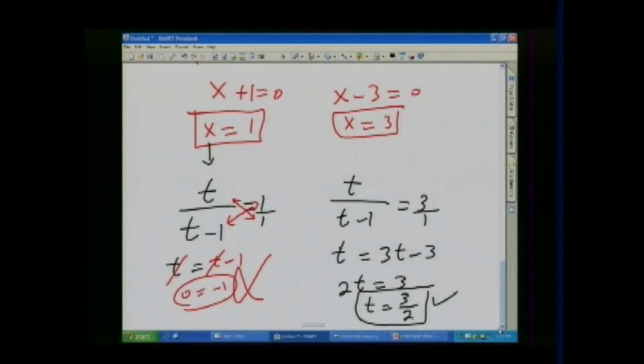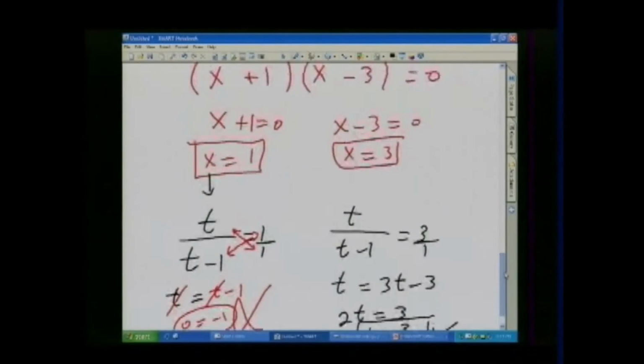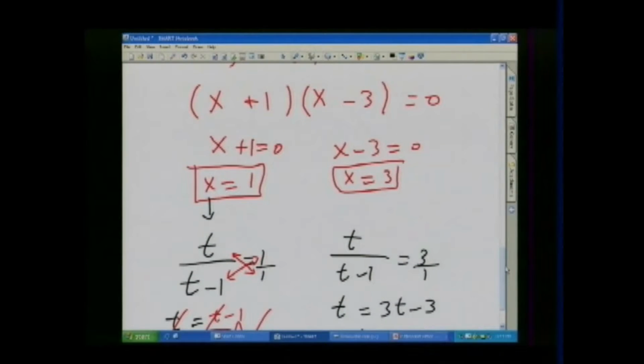Well, I'm going to take this back and tell you that I made a mistake. Some of you probably already caught it, but that's okay. Right here, when we solve this, x plus 1 equal to 0, that means x would be equal to minus 1.